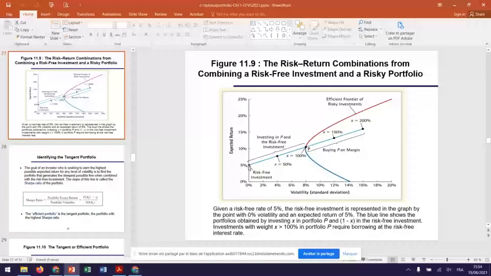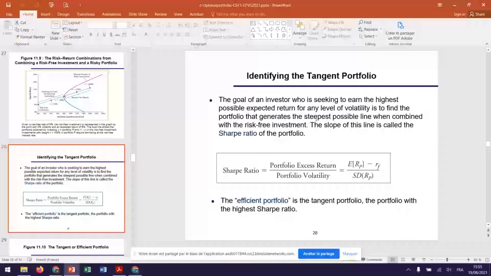The higher the slope, the higher the return you should get at a given volatility. So investors should seek the steepest possible line when combining the portfolio with the risk-free investment.